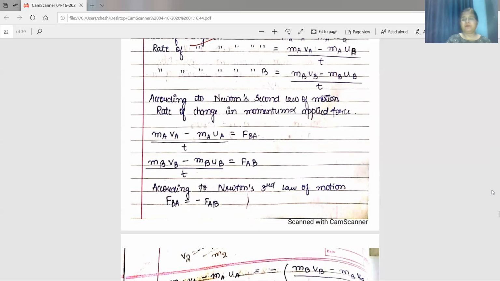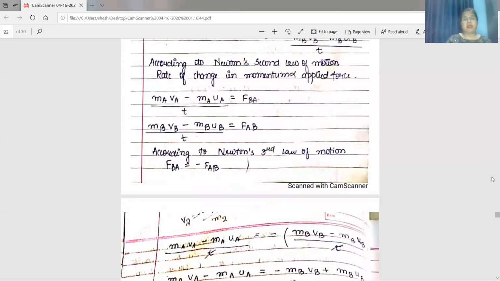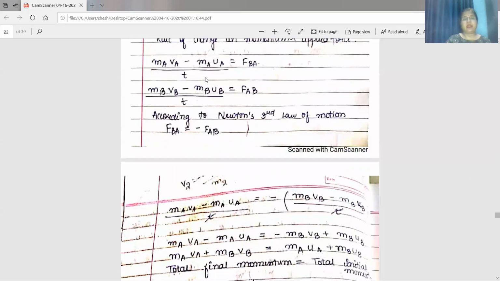Don't forget it. Now substitute the values. In place of FBA, write (mAvA minus mAuA) by t equals, in place of FAB, minus (mBvB minus mBuB) by t. t gets cancelled on both sides. The minus sign you have to write in the beginning.